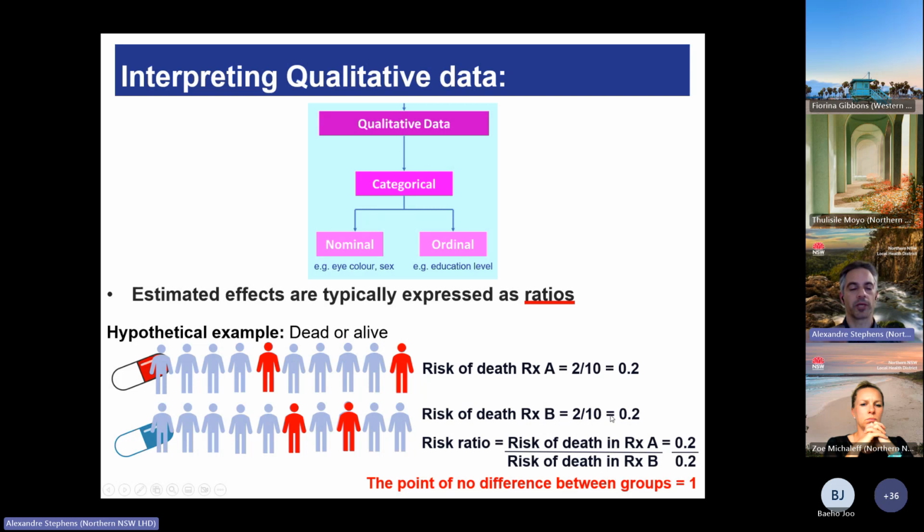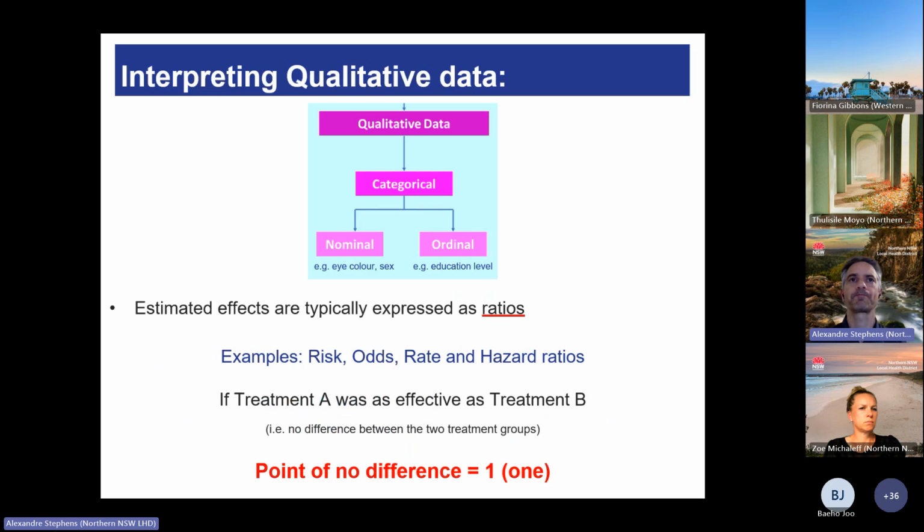And most of you have probably already calculated that that gives us a result of 1. So this highlights that when the levels of the outcome variable are the same in the 2 study groups, the ratio will be 1. So the point of no difference is 1. So that's important to keep in mind.